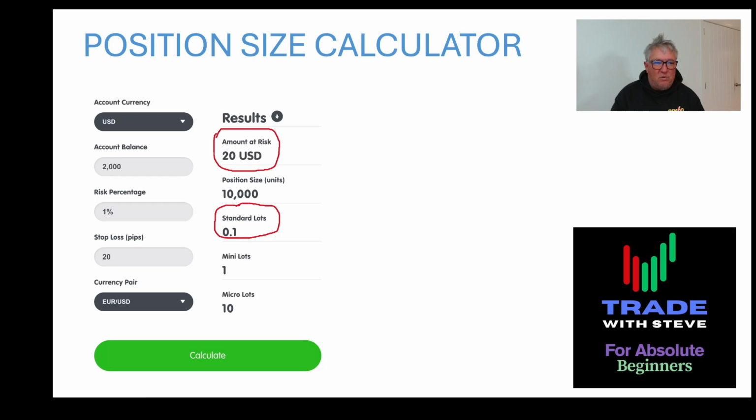So this little tool will actually figure it out for you, and it's quite cool to use and have a play with. You'll find that at babypips.com/tools/position size calculator. So have a look at Baby Pips, have a look at the tools menu, and see if you can find it.